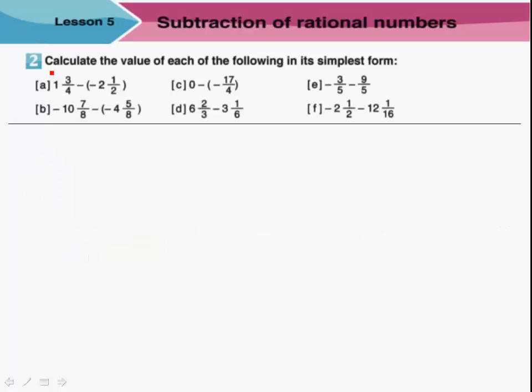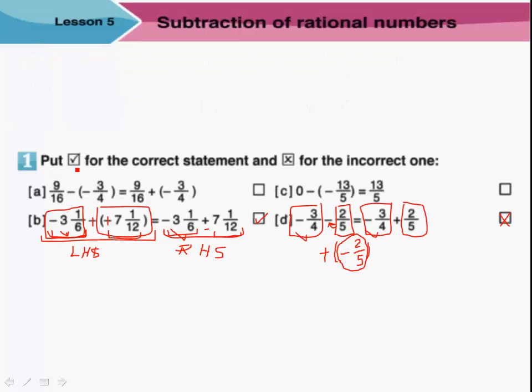Here he asked you to calculate the value. You see here, put correct or wrong. He didn't ask you to calculate the value. Only he asked you to put correct or wrong. So here we used, as I explained to you, the property of A over B plus minus C over D to compare between the left and right hand side.